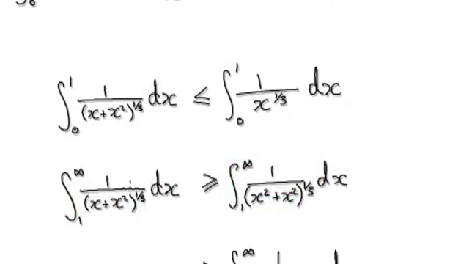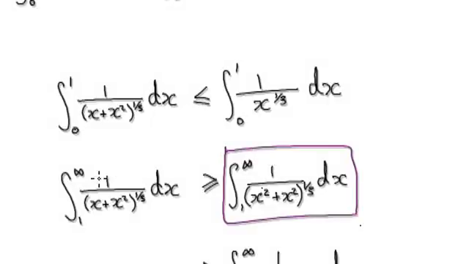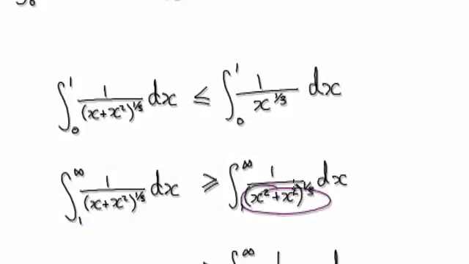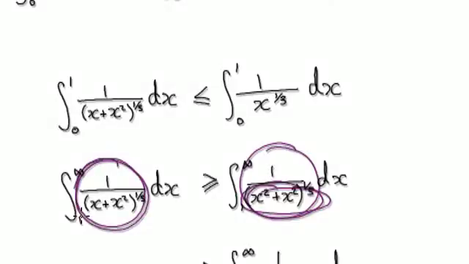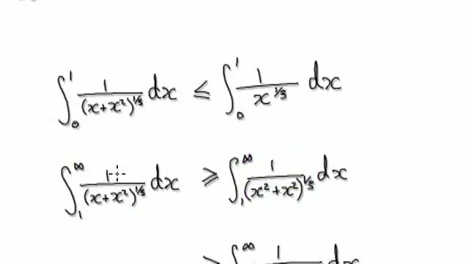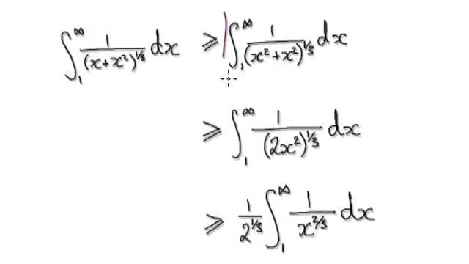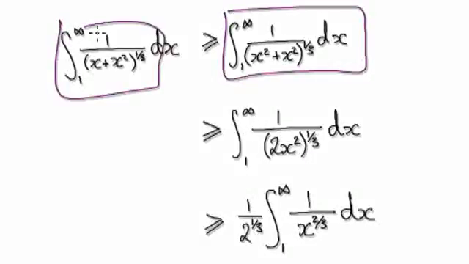You might have to press pause and think about it, but from 1 to infinity, this thing will be smaller or equal to this thing, because the denominator is bigger.